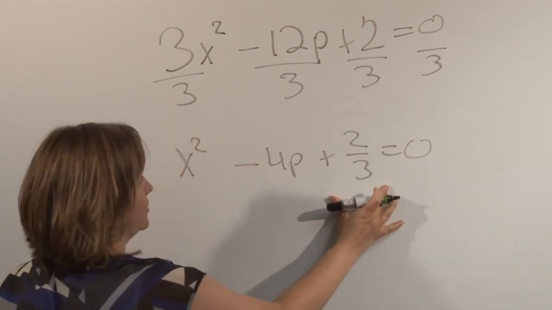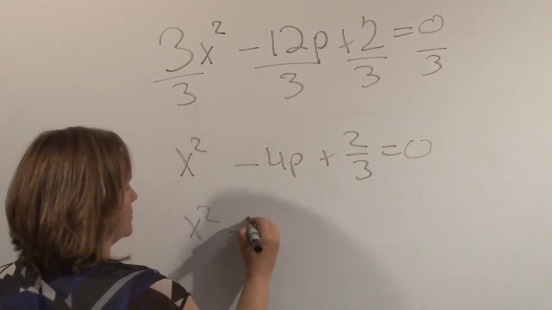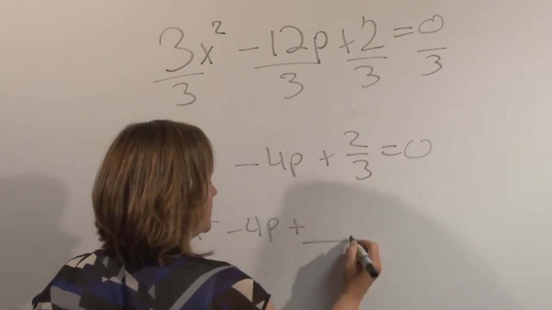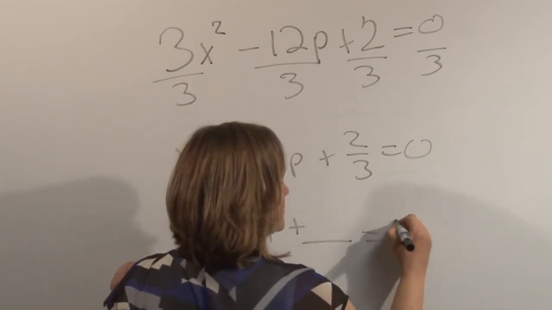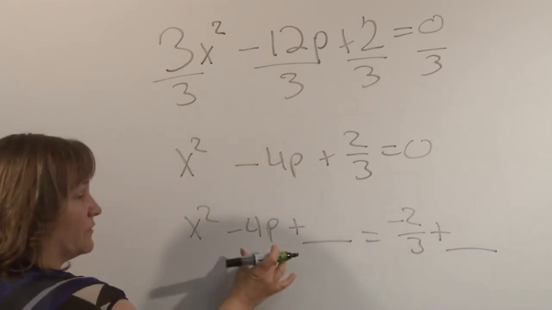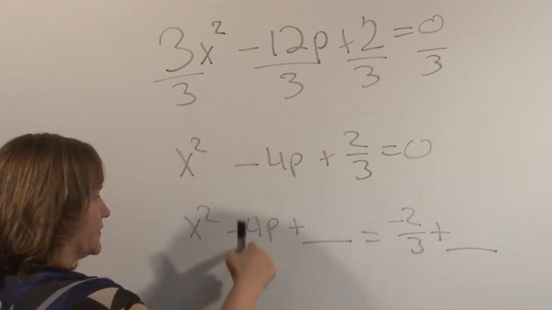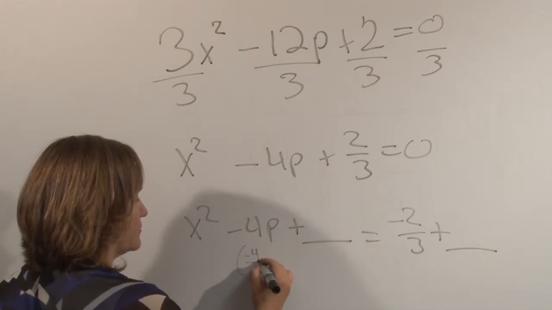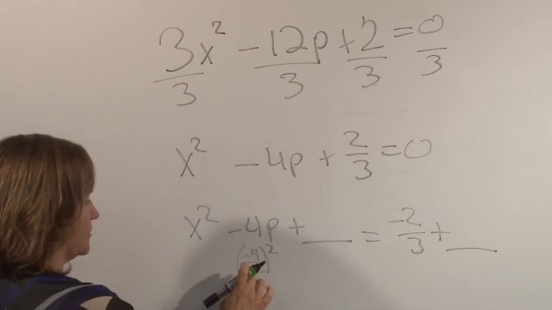And now I can move the 2/3 over. We're still going to have to add something here and here. And again, we find that by taking the middle term, dividing it by 2, and squaring the answer.